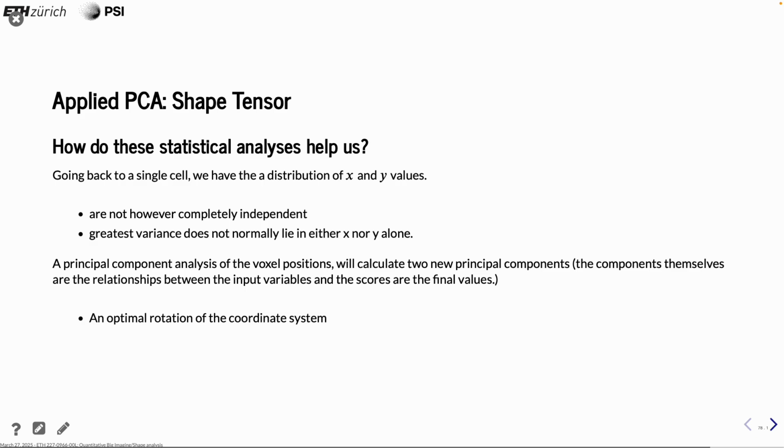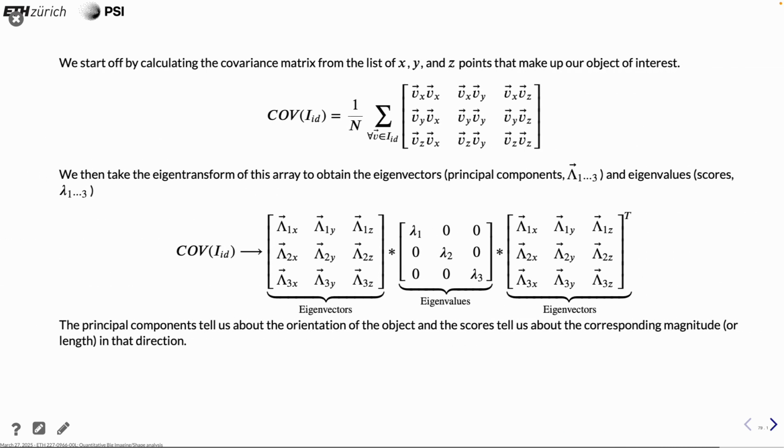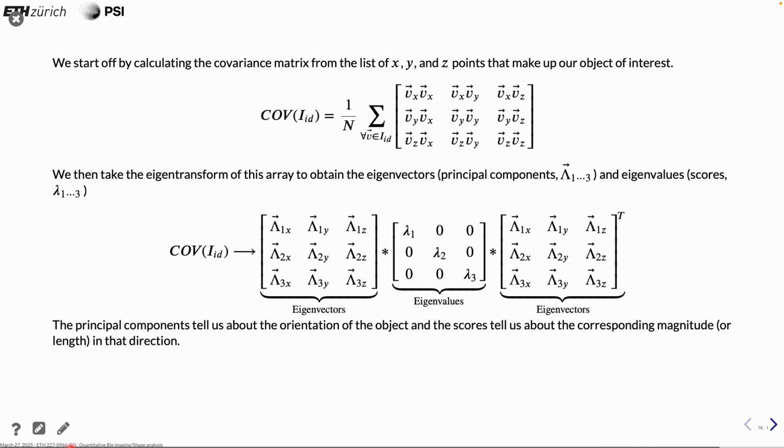That is important, as I said before, because cells usually aren't well aligned with the X and Y axes. With the help of this, we can rotate the coordinate system in a way that best fits the object. And here we have our decomposition.